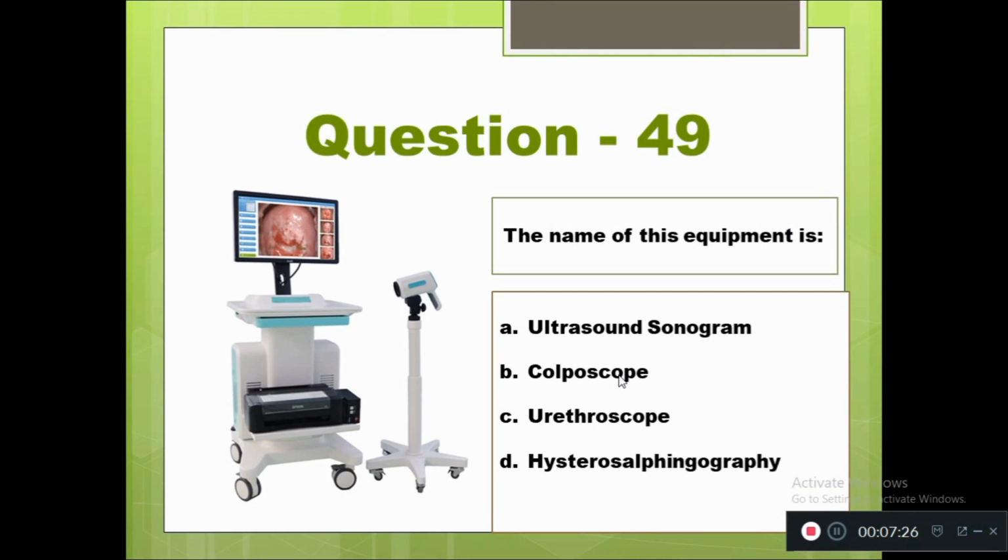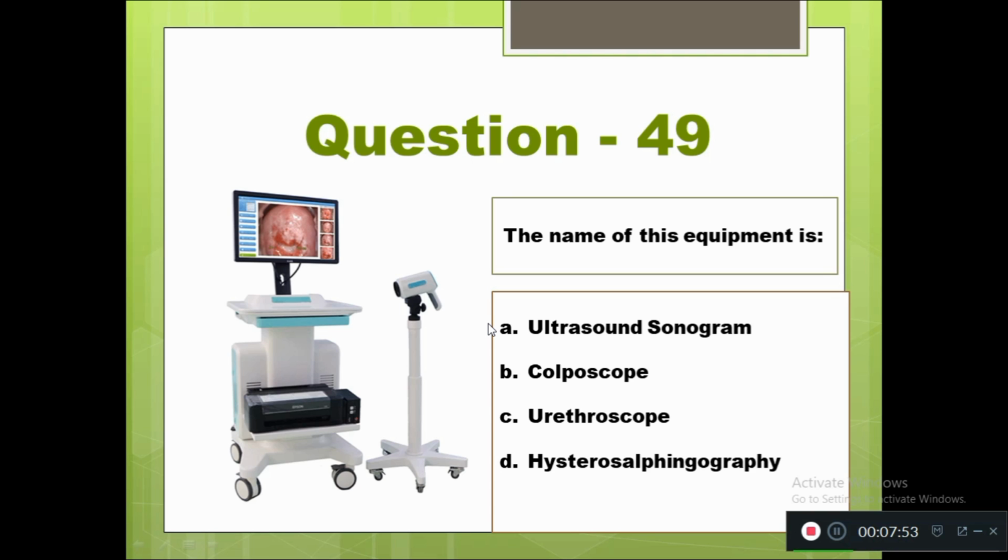Question 49. Image based question. See the image and answer the name of this equipment. Option A, ultrasound sonogram. Option B, colposcope. Option C, urethroscope. Option D, hysterosalpingography.